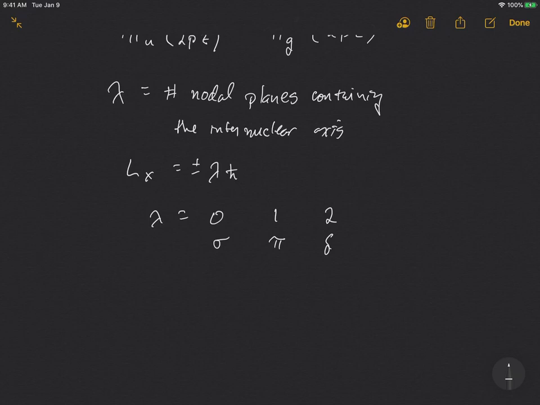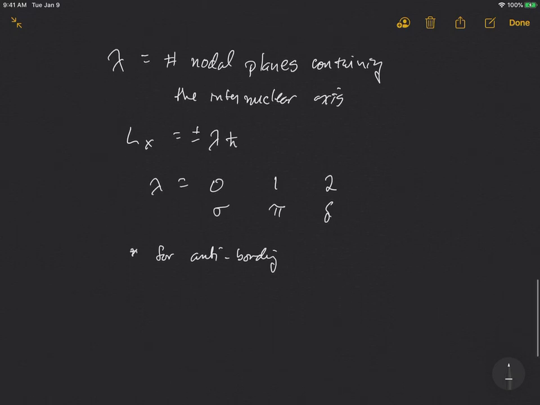So that's a bonding or antibonding orbital made from d orbitals, which are something that we will not cover in this course. The sketches get rather complicated. And again, star for antibonding. And the other thing that we need to keep track of is g and u, which stand for even and odd symmetry.